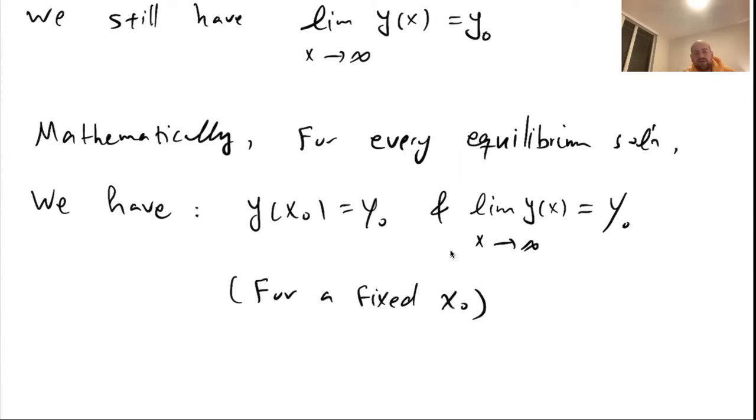If you fix an x0, the equilibrium solution is a constant function y0. It's always y0. So y of x0 is y0, and the limit of y of x is also y0. This is true for every equilibrium solution, whether stable or unstable.